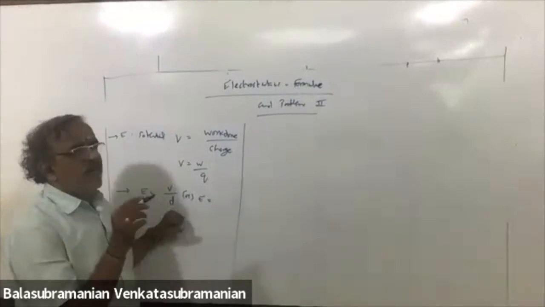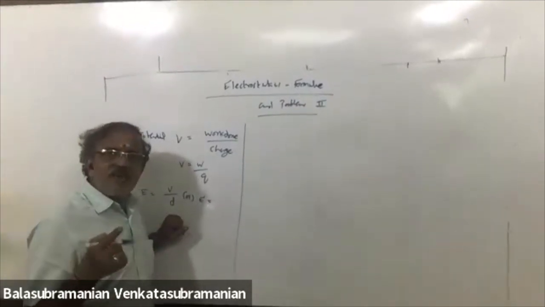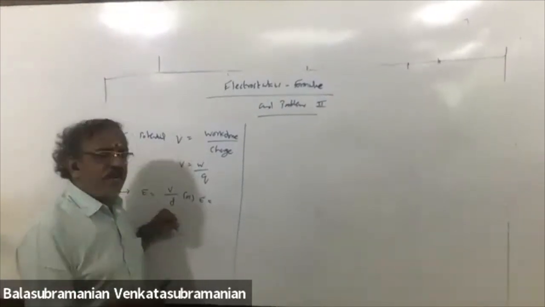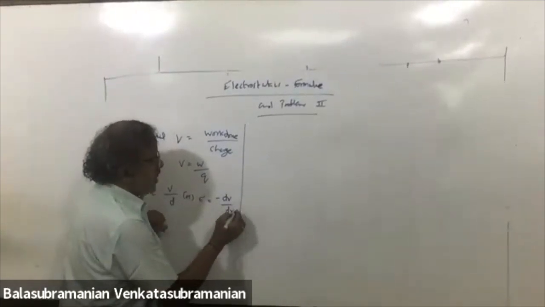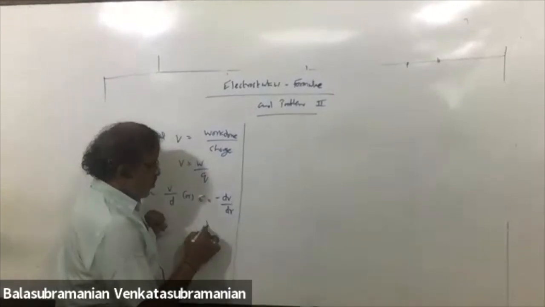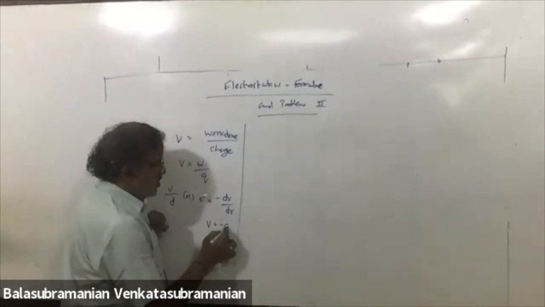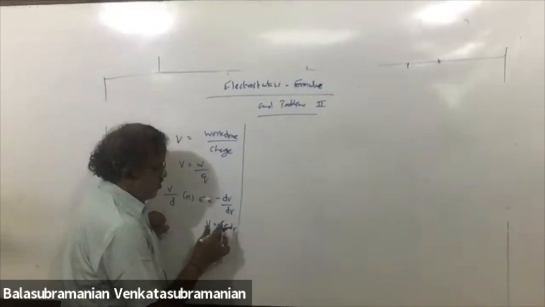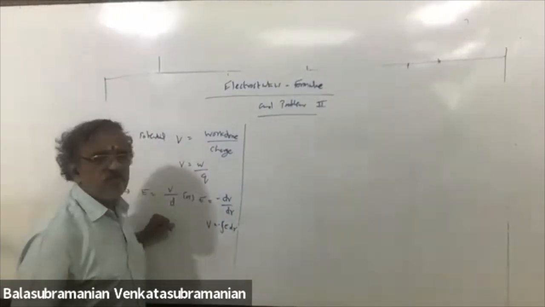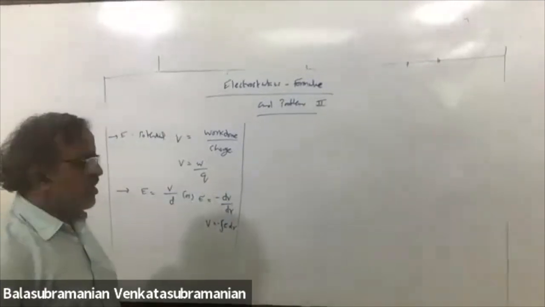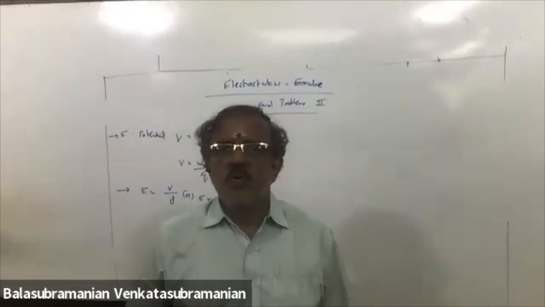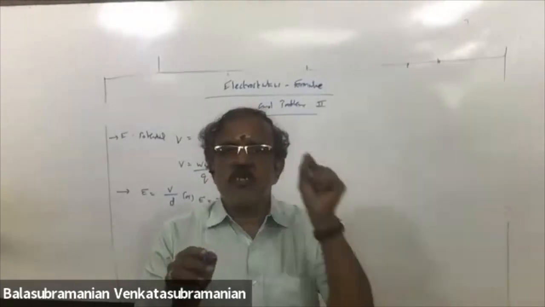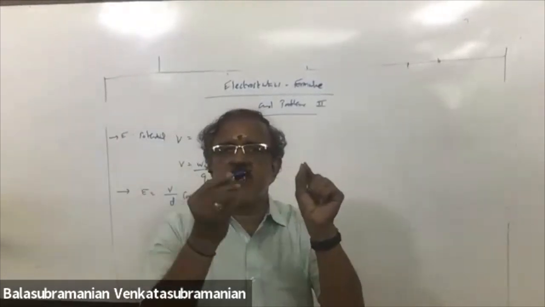If one positive charge is present, and another positive charge is moving away from it, then E is equal to minus dV by dr. So V is equal to minus integral E dr. Minus sign here because with two positive charges, one charge is fixed and another charge is moving towards it.